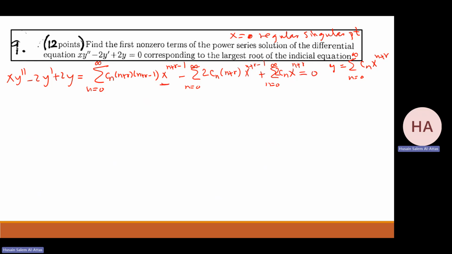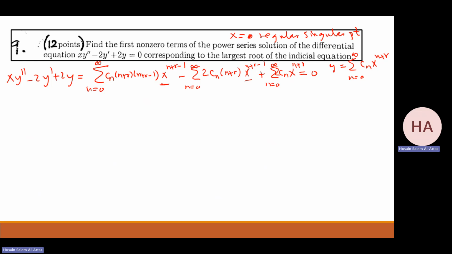Here I multiply by 1, it should be x to the power n+r-2, make it x to the power n+r-1.